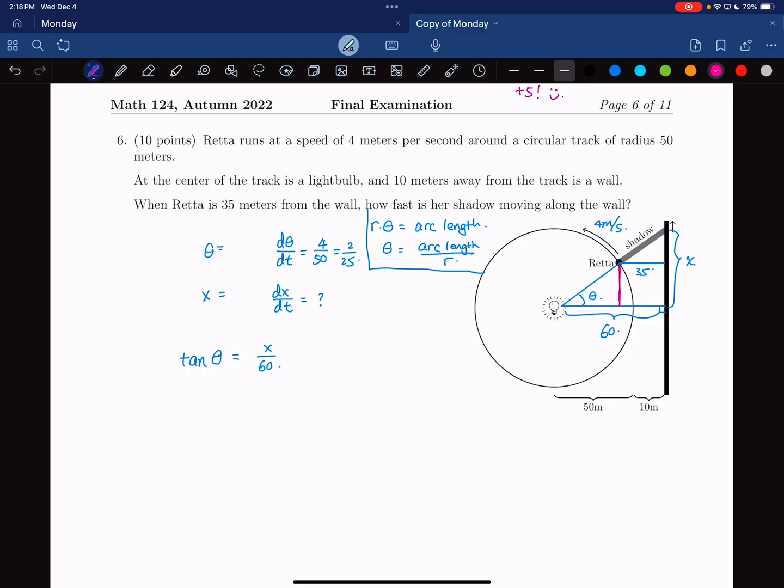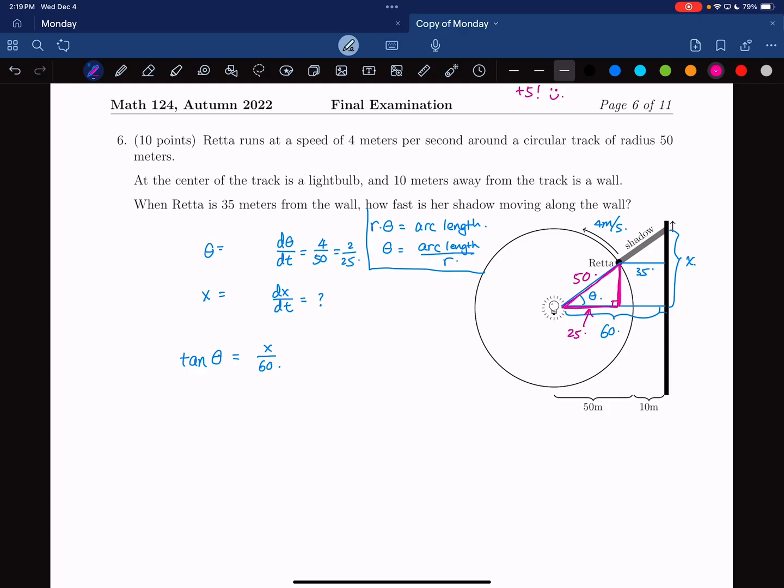Once you draw this line, there's this very nice triangle here, and it's nice because it's a right triangle. I know the hypotenuse, which is equal to the radius, 50. I also know what this side is. This side is 60 minus 35. Do you all see that? Which is 25. So this side is 25.